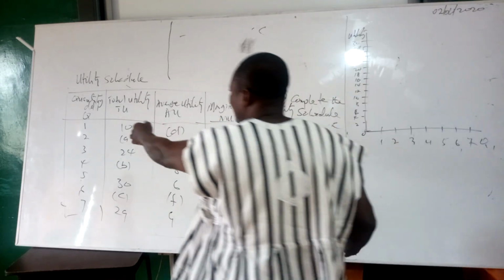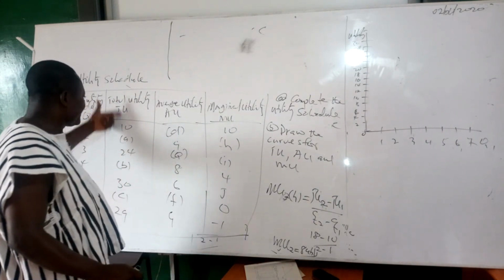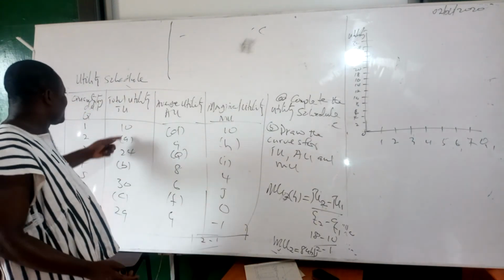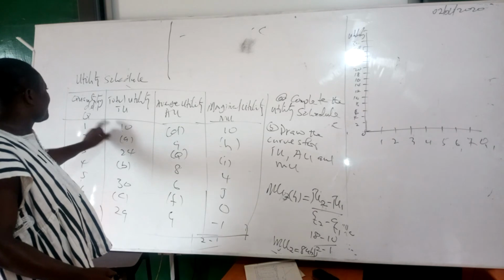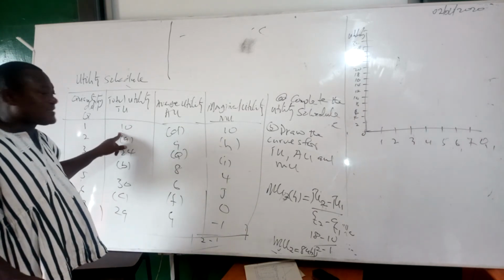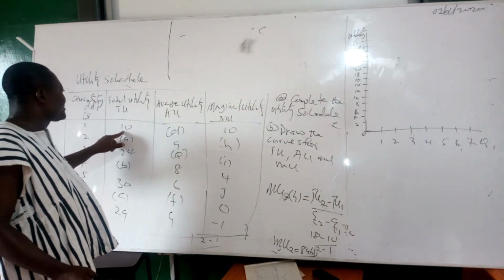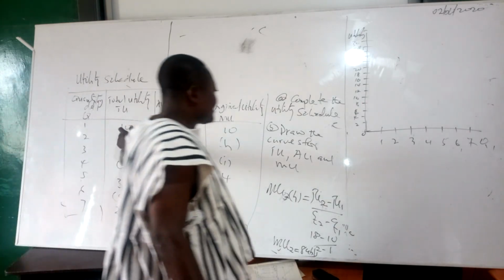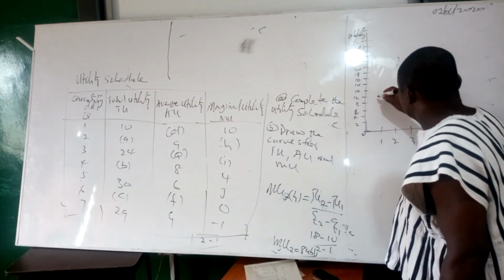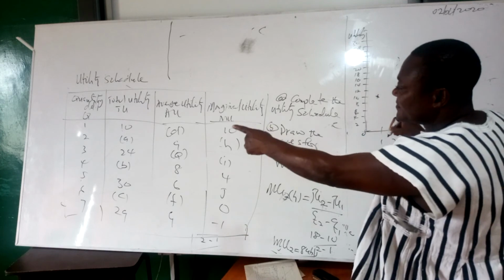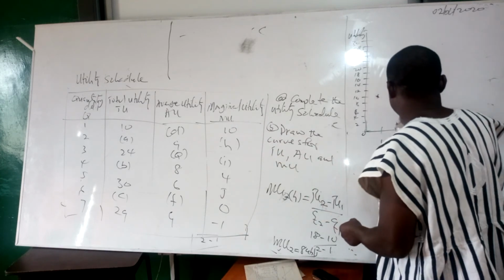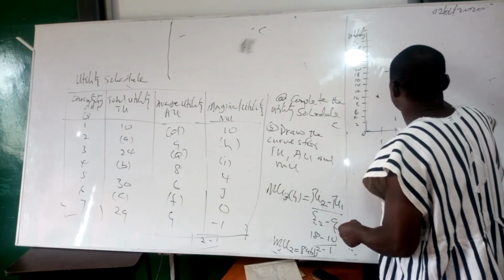Then when you are drawing your total utility, you can draw it first. So you look at the corresponding figures. For quantity 1, the total utility is 10. So 1, 10, then 18, in that order.